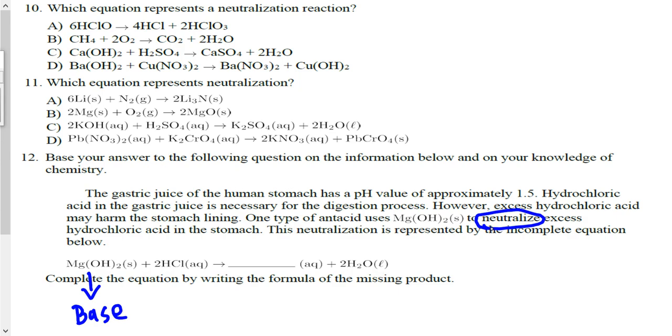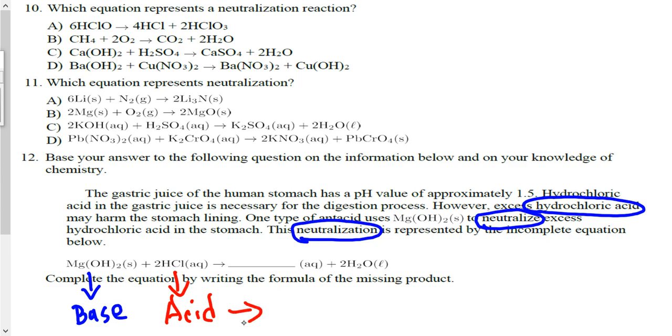So you should know that it's an acid-base neutralization reaction. If you look at reference table K, you will find HCl, which is hydrochloric acid. So this one is an acid. We know that if we have acid and base together, we form salt and water.